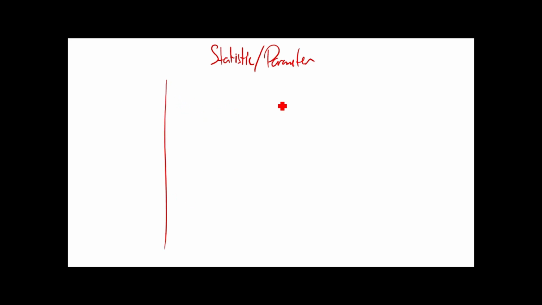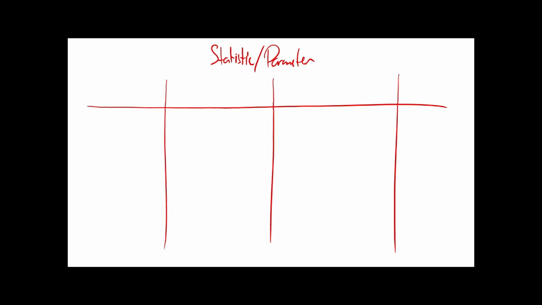We're either going to be interested in estimating a what? A proportion, right? So that's going to be p. Or we're interested in estimating a what? Mean? Mu.